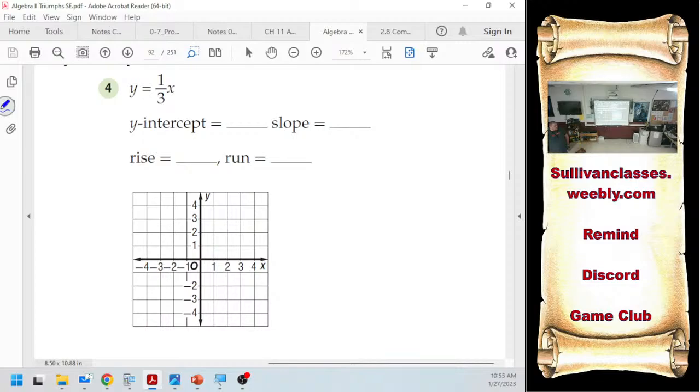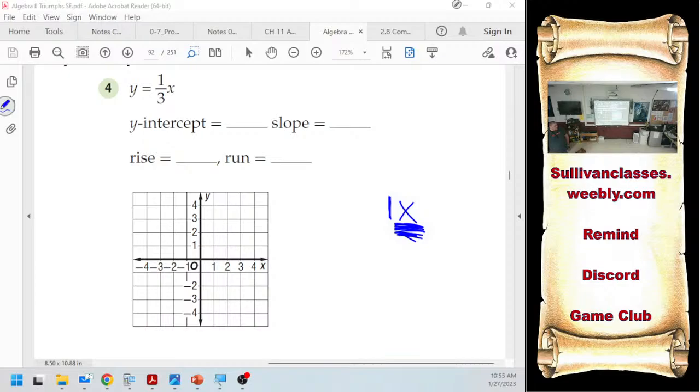All right, number 4. It says to identify the y-intercept. What's B if there's nothing there? 0. Remember that if I have an x just kind of floating out here, I know there's a 1 in front of it because there's something here.